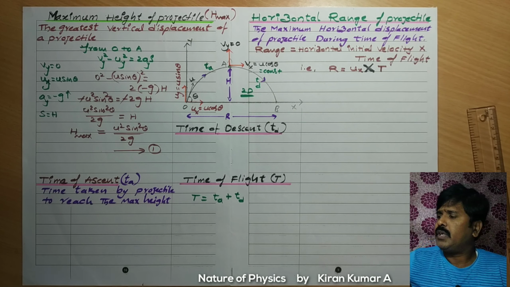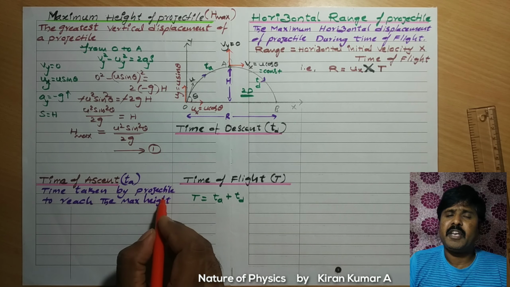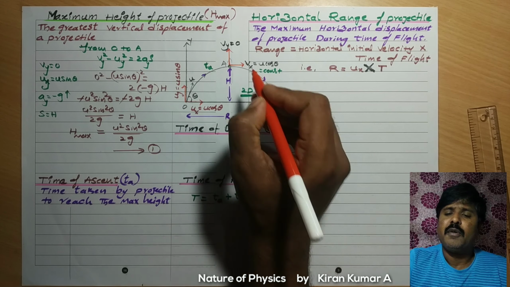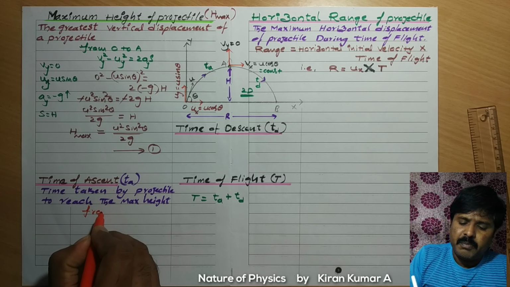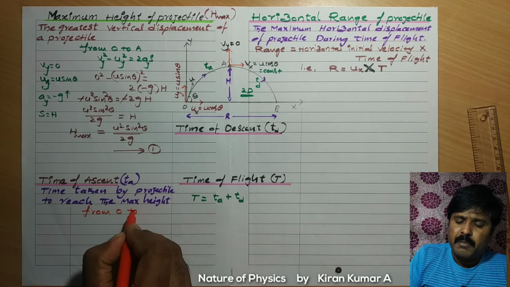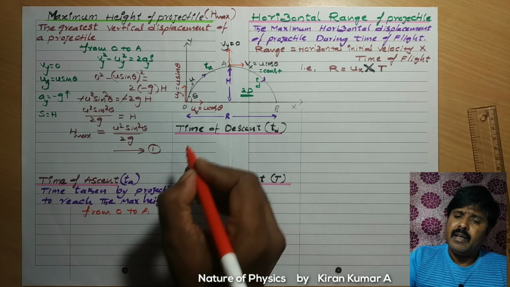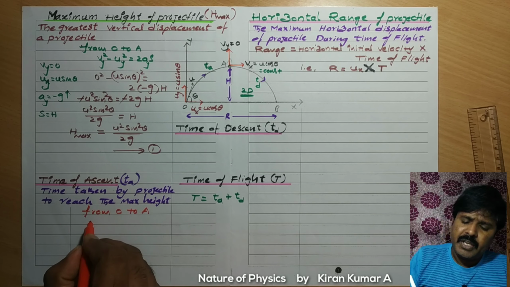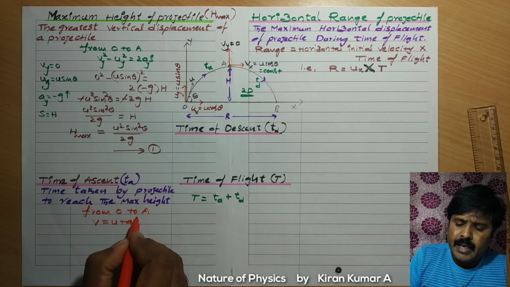And then continuation, second one is time of ascent, considering the time taken by the projectile to reach the maximum height, that is from where to where we have to take, students, from the point O to point A we have to consider, students. And continuation here, the best equation from equations of motion is v is equal to u plus at.